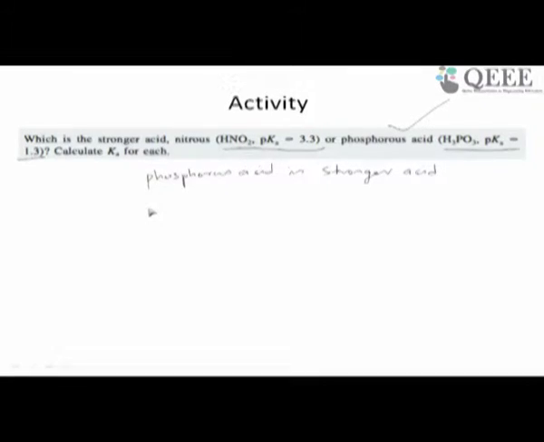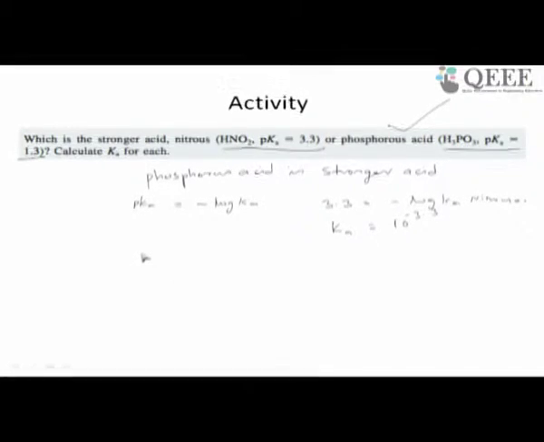Now it's asked, find the Ka for each. We know pKa is the negative log of Ka. So for nitrous acid, pKa 3.3 equals negative log of Ka. If you just substitute, you will be able to find the answer. So I'll quickly give you the answer. For nitrous acid, Ka is 10 power minus 3.3.